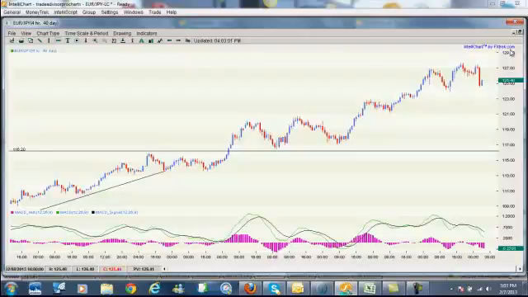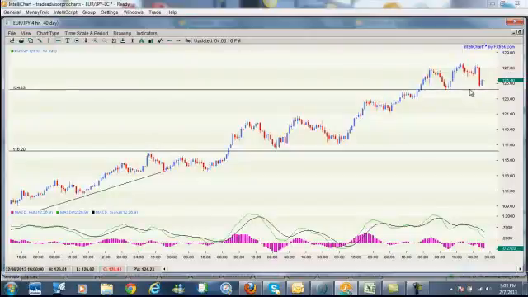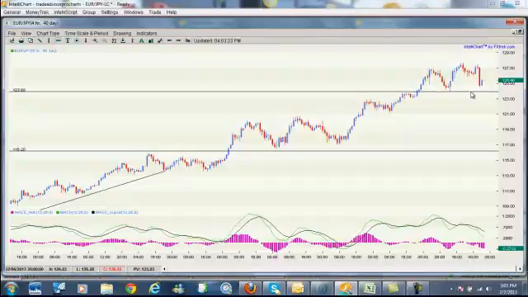So we're going to cut our losses down. Our stop is pushed up to a higher level, from 123.80 to 124, right above the 124 mark. So anyway, that's what we're going to be working on.